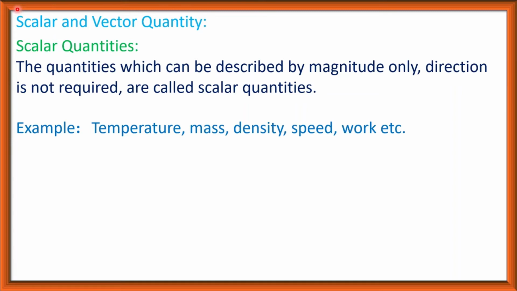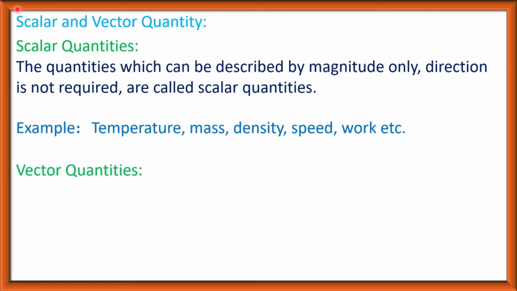And mass means 5 kg or 10 kg, like 5 kilograms of rice or 10 kilograms of potatoes. Only magnitude is needed to express mass, temperature, density, speed, work, etc. So these are examples of scalar quantities.